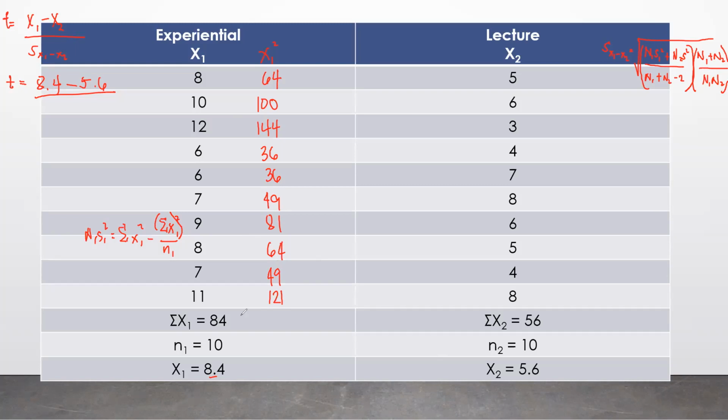So, yan yung square nila lahat. And for us to get the summation of x1 squared, ilalagay ko para mas klaro. Summation of x1 squared. I-add natin yan lahat, class. So, 64 plus 100 plus 144 plus 36 plus 36 plus 49 plus 81 plus 64 plus 49 and plus 121.